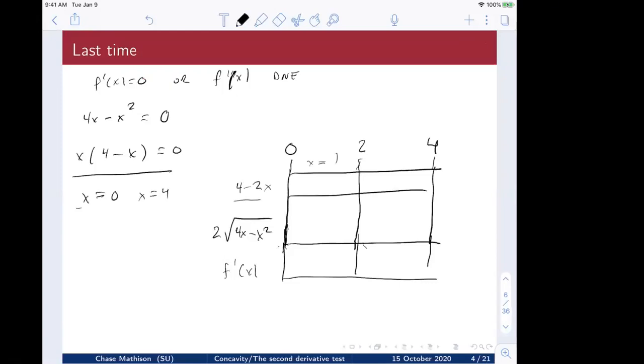What sign does 4 minus 2x have at x equals 1? Positive, very good. What sign does 2 times the square root of 4x minus x squared have for x equals 1?